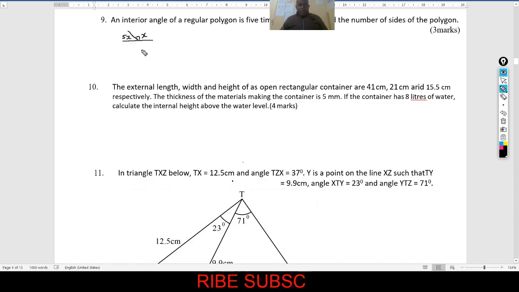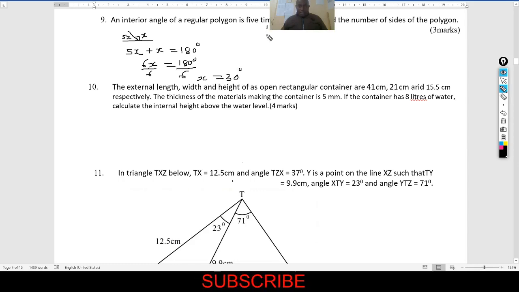We know that interior plus exterior equals 180. So 5x plus x gives you 180 degrees. That means 6x equals 180. We divide by 6, so that x equals 30 degrees.